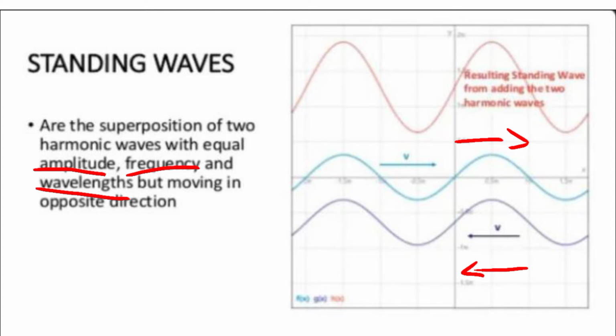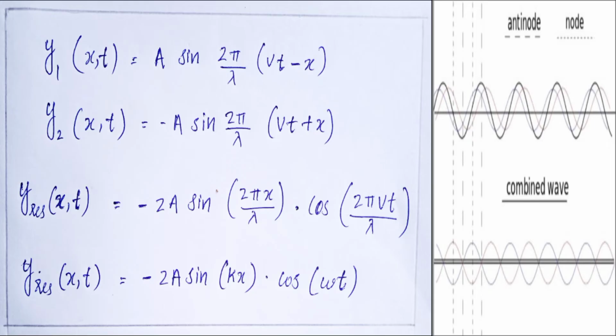in opposite directions. According to the superposition principle of waves, it can be expressed in the equations y1(x,t) = a sin(2π/λ)(vt − x) and y2(x,t) = −a sin(2π/λ)(vt + x).